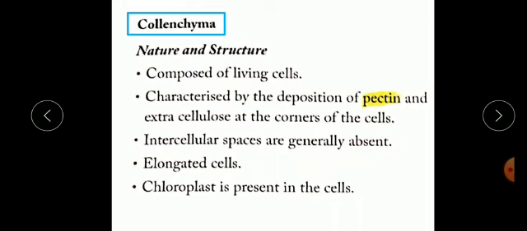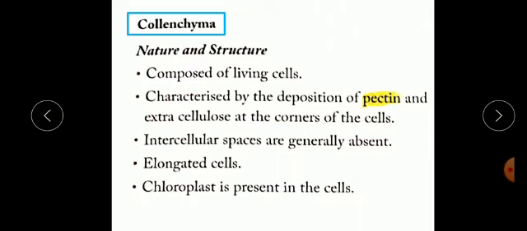Collenchyma. Nature and structure. Collenchyma is composed of living cells. Collenchyma is characterized by deposition of pectin and extracellulose at the corner of the cells. So, corner of the cells in collenchyma are thickened by the deposition of pectin and extracellulose.